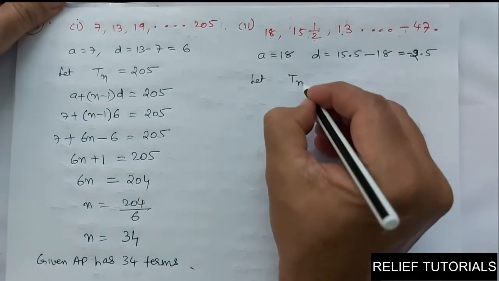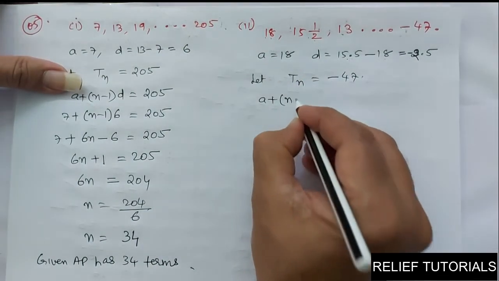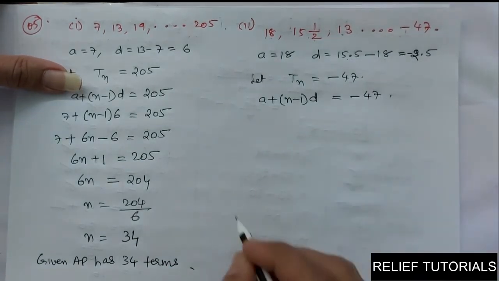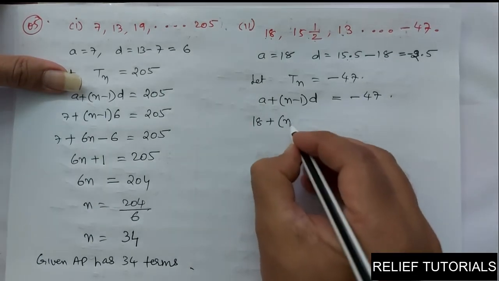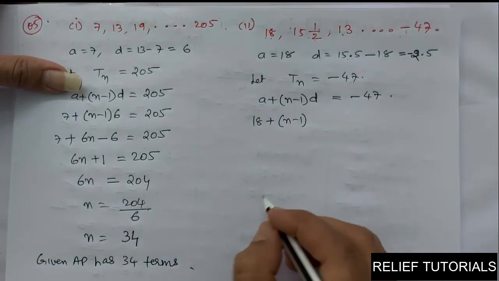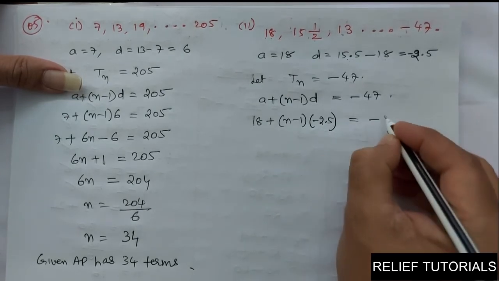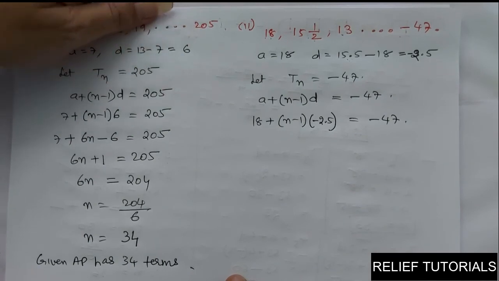Third term, this we don't know. So let Tn be equal to minus 47. Tn means A plus (n minus 1) into D is equal to minus 47. So A is 18 plus (n minus 1) into the difference. The difference is minus 2.5, is equal to minus 47. You got it, friends?